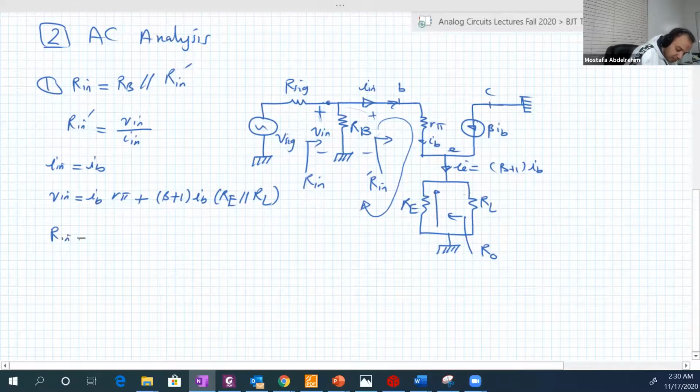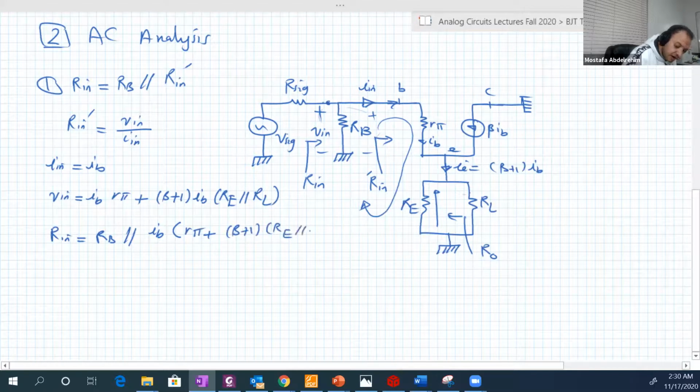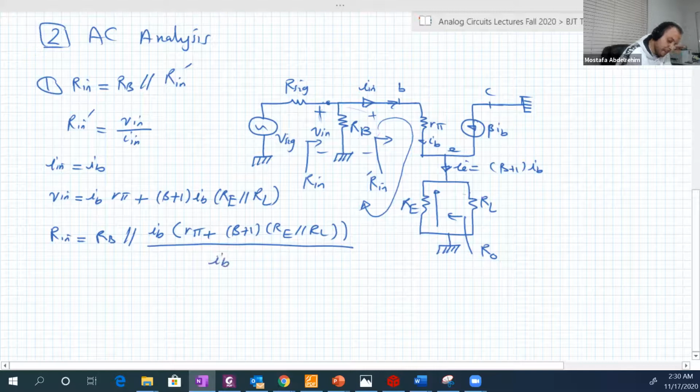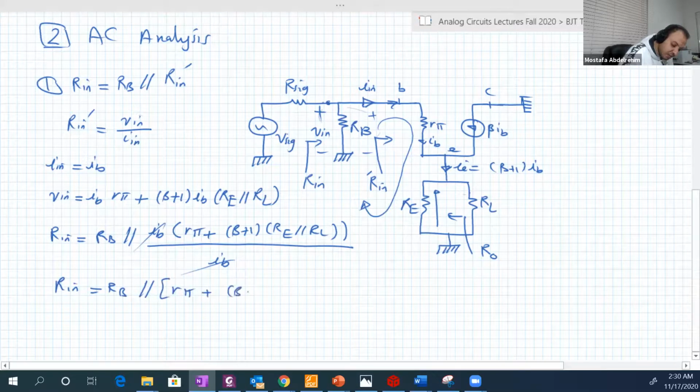R input equals RB capital parallel R input dash, which is V input over I input. V input has IB as a common factor. This gives r-pi plus beta plus 1 RE parallel RL, over IB. IB will cancel with IB. So R input equals RB parallel r-pi plus beta plus 1 times RE parallel RL.